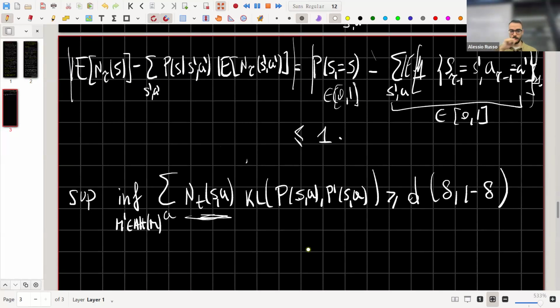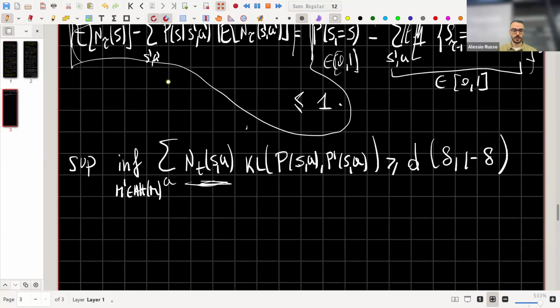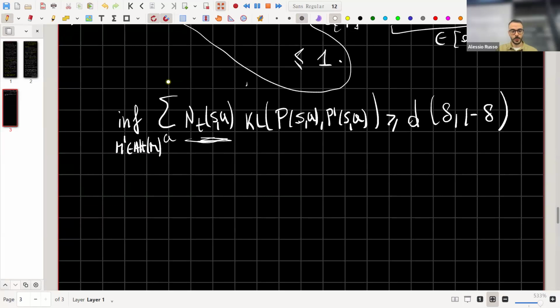So what we will do is impose this constraint here, because this constraint also includes the navigation constraint, this one. So we are going to define W_SA to be equal to the expected N_T of SA divided by the expected value of tau.